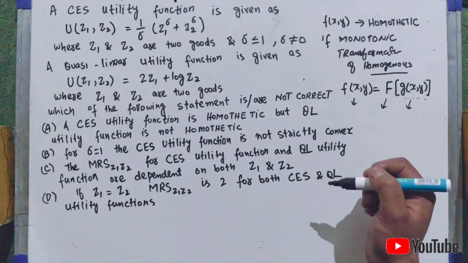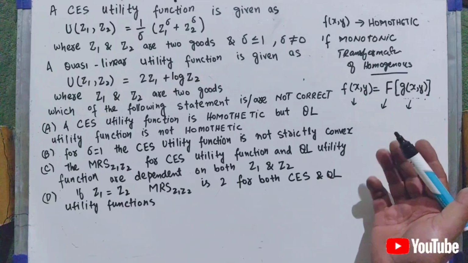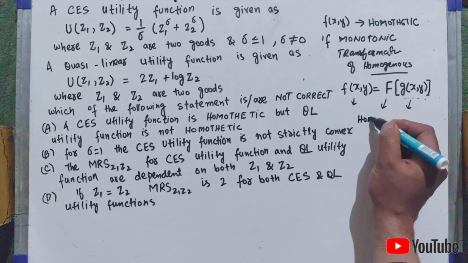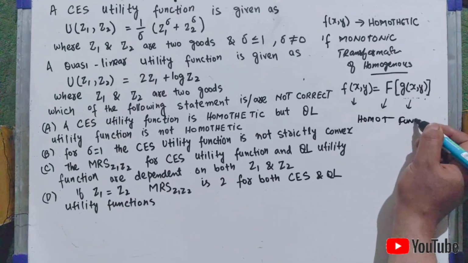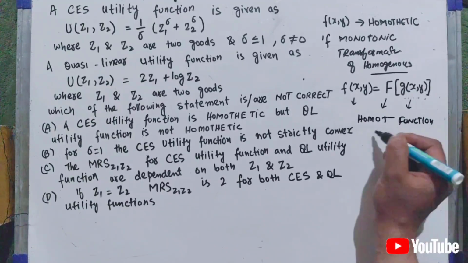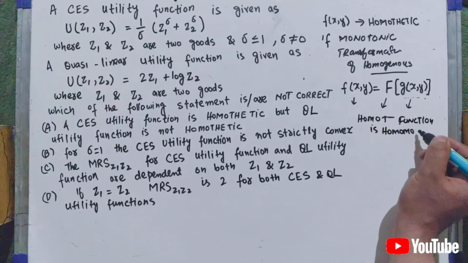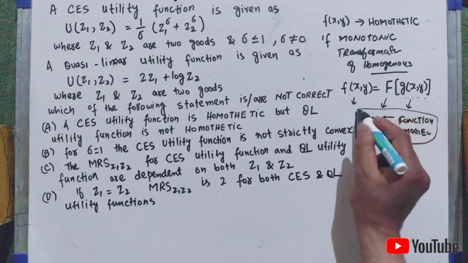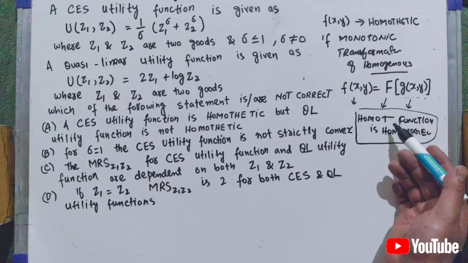A property of homothetic functions is that every homogeneous function is homothetic. If a function is homogeneous, it is automatically a homothetic function.